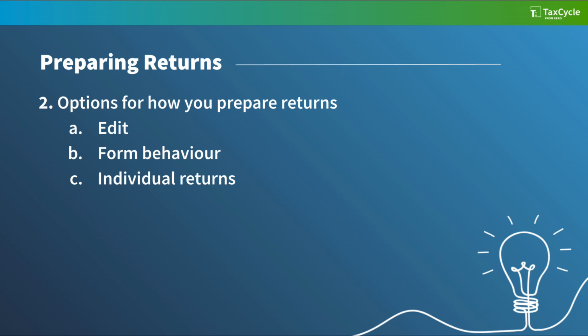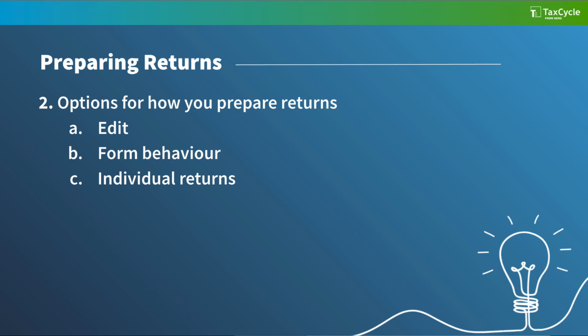So in this particular session, I will be covering other options to control the editing behavior of the forms and the forms behavior themselves, as well as the host of options that we have that you can use to control the preparation of individual returns, that ranges from T1 return to the prior year returns through T2, T5013, etc. Now we will go back to the demo and we'll show you how this works.